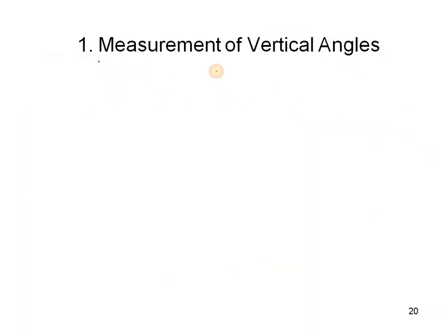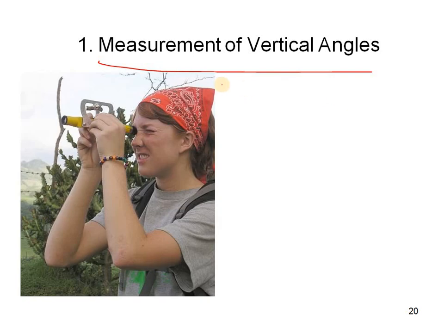So first of all, measurement of vertical angles. You can observe here the person is sighting with the Abney level instrument. Like this we have to look through the instrument. We have to close one eye and open the other eye, and this is our eyepiece.